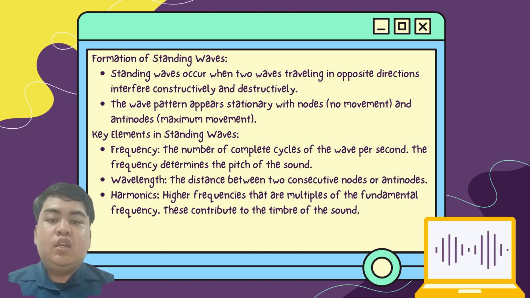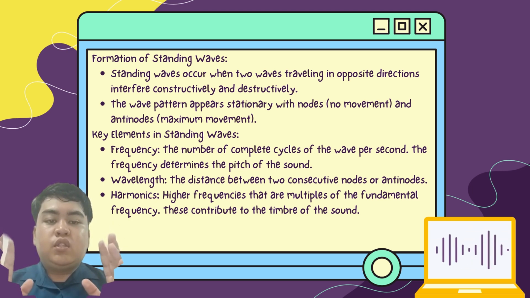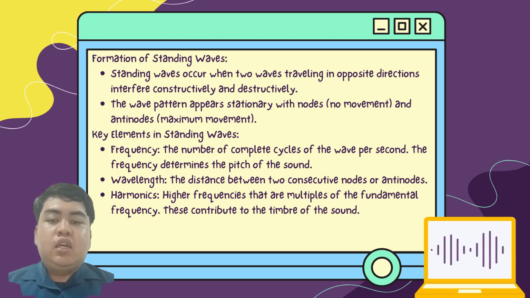First is frequency, the number of complete cycles of the wave per second. The frequency determines the pitch of our sounds. Next we have the wavelength, the distance between two consecutive nodes or antinodes. Next we have harmonics, higher frequencies that are multiples of the fundamental frequency. This contributes to the timbre of the sound.